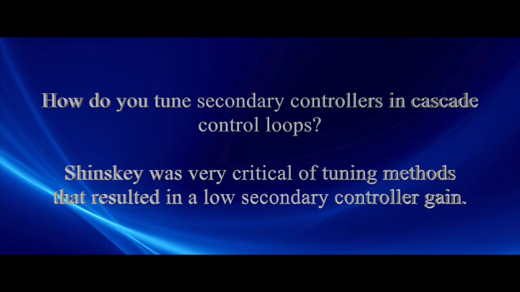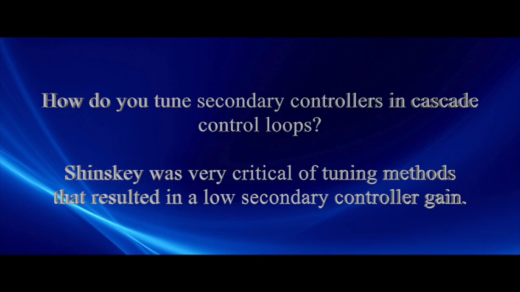Shinsky, I'm actually a good friend of Shinsky. I've been to his home, and I have ultimate respect for him. I tried to address his concerns, and one of his concerns was in terms of a near integrating process, which I came up with that term, so that we could treat those processes as an integrating process tuning rules.